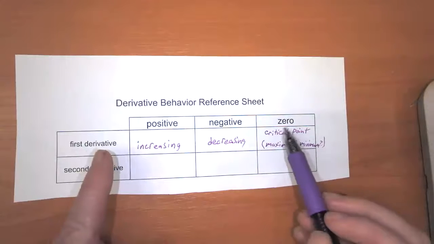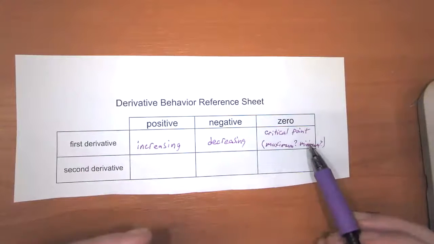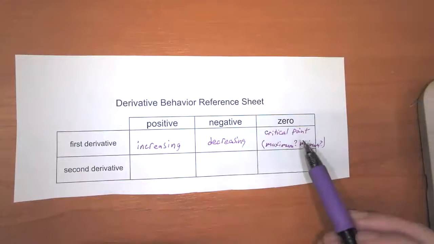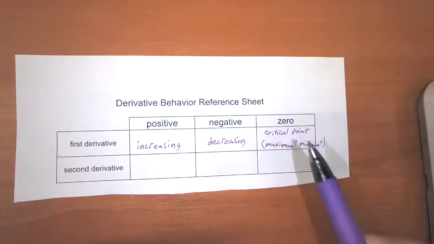Sometimes, as we'll see, the first derivative will be zero and it won't be a maximum or a minimum. But it's something that we'll want to look at to see if it's a maximum or a minimum. So that's what we mean by saying that it's a critical point. It's something that we will want to study when we're looking for maximums and minimums.